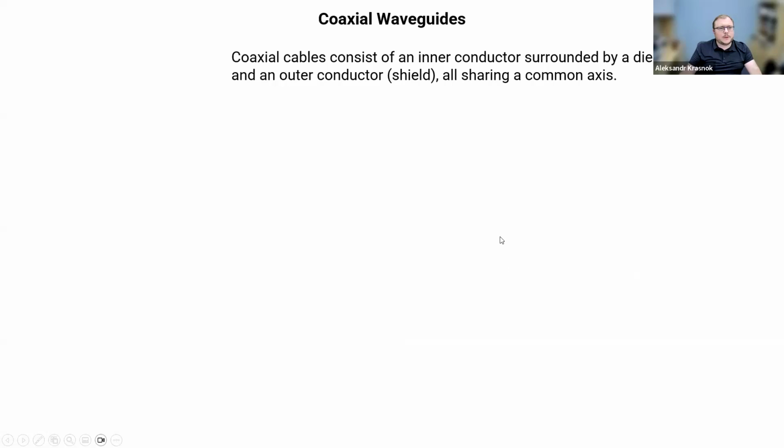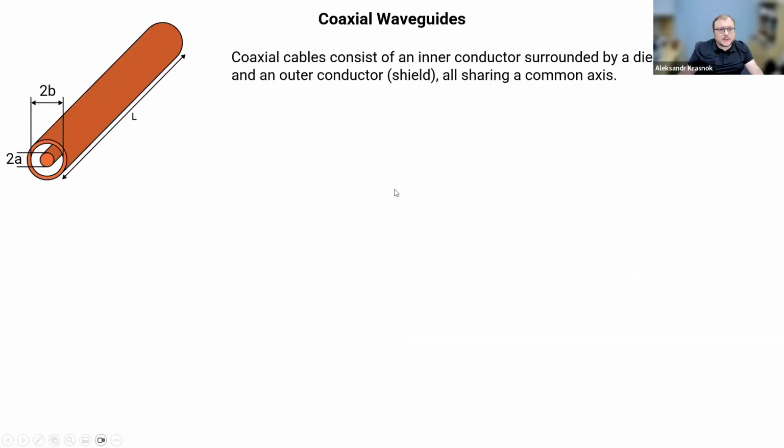Okay, so a few words about coaxial cables to conclude today's lecture. Coaxial cable, coaxial waveguide, is used much more often than rectangular waveguide. It's a very nice waveguide for several reasons. So here is the geometry of this waveguide.